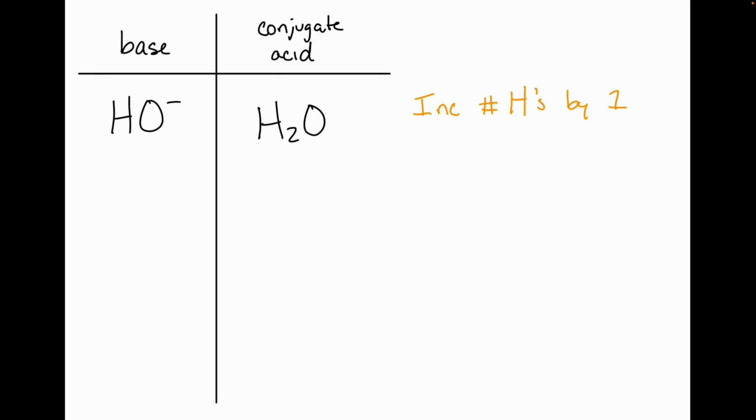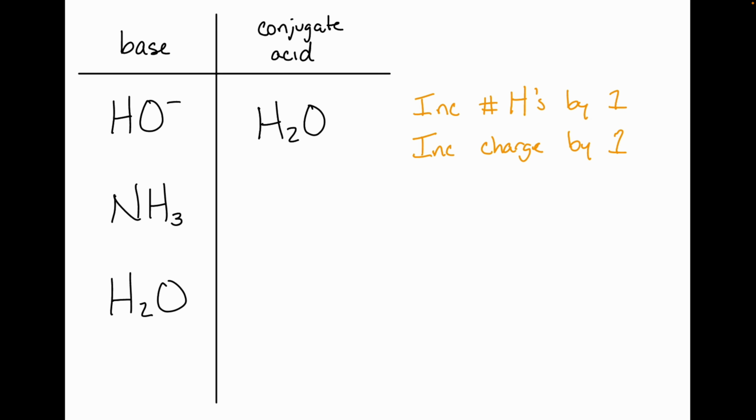And it didn't just accept a neutral hydrogen atom, but rather that positively charged hydrogen ion, so we're also going to increase our charge by 1. All right. Common organic bases contain nitrogen, so let's do that example, as well as we'll put water down as well. All right, so you're going to take a second, give me the conjugate acid for these following bases.